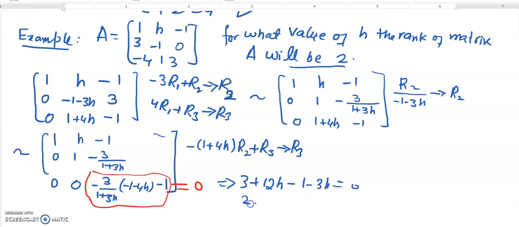So what we get is 2 plus 9H is equal to 0, or H is equal to minus 2 over 9. So for this value, H equal to minus 2 over 9, the rank of this matrix will be 2. So that is our answer.